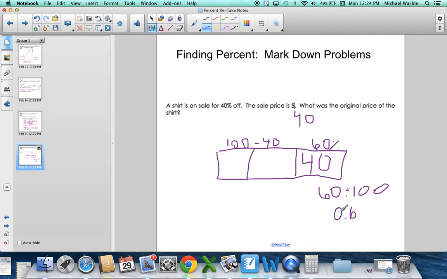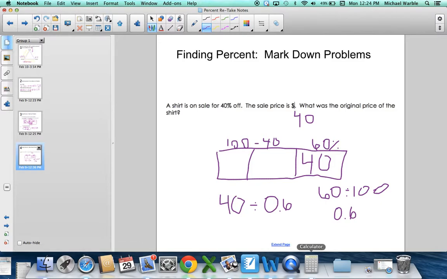So we're always used to getting that smaller number. But for a markdown, and if we have the lower value already, chances are we multiplied a number by 0.40 to get this. So what we're going to do is divide 40 by 0.60. That way we're going to get a larger number, since we're doing the opposite.